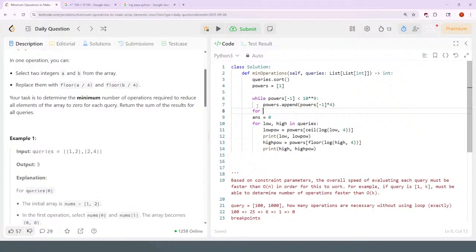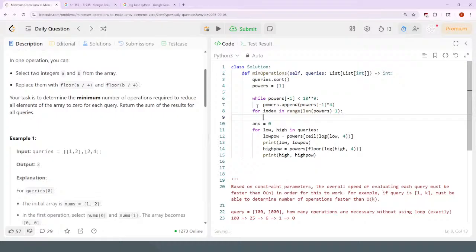So it's going to be done for every index in the range of the length of powers, powers minus 1. Let's say count of values is going to be powers of index plus 1 minus powers of index.